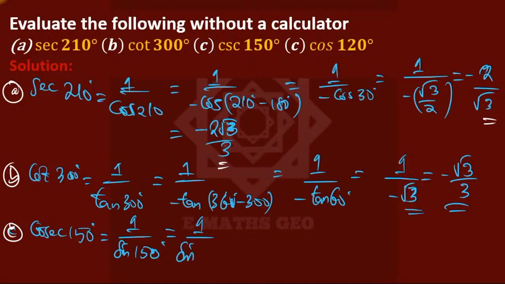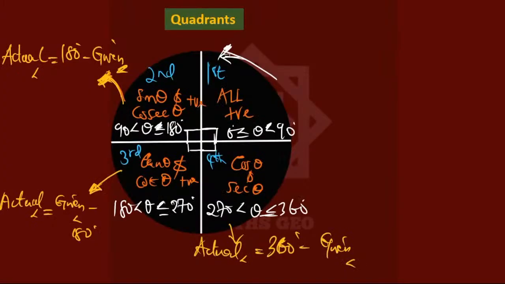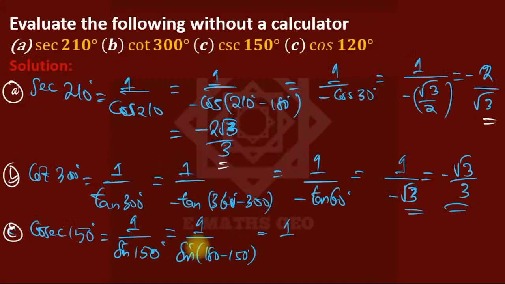So now do 180 minus 150. Yes, remember, in the second quadrant, 180 will subtract the given angle. The given angle is 150. So now I have 1 over sine 30. And sine 30 is half. So 1 over a half is 2.